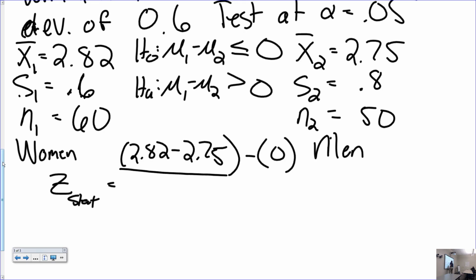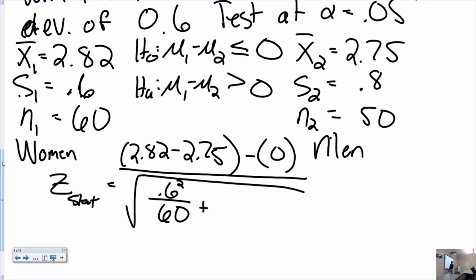Now what am I going to divide by? 0.6 divided by 60. Careful, right? So remember it's the square root of all that stuff squared, right? 0.6 squared over 60 plus 0.8 squared over 50. Now remember, you're adding those, taking the square root of them, and having them all in the denominator.